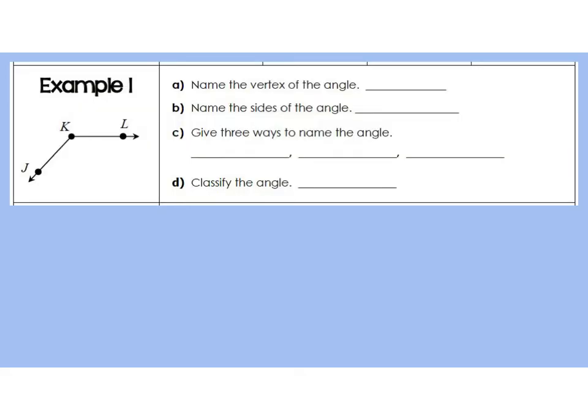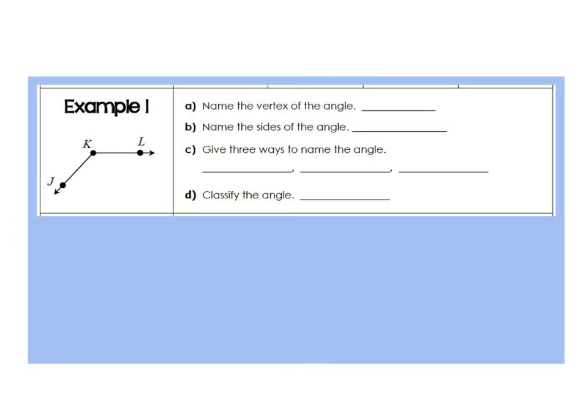The next slide, we're just going to practice what we have learned. Okay. Name the vertex of the angle, meaning name the middle of the angle. And if you notice, this right here represents the middle of it. So we call that K. Now it says name the sides of the angle. Again, now we need to name them by their name.